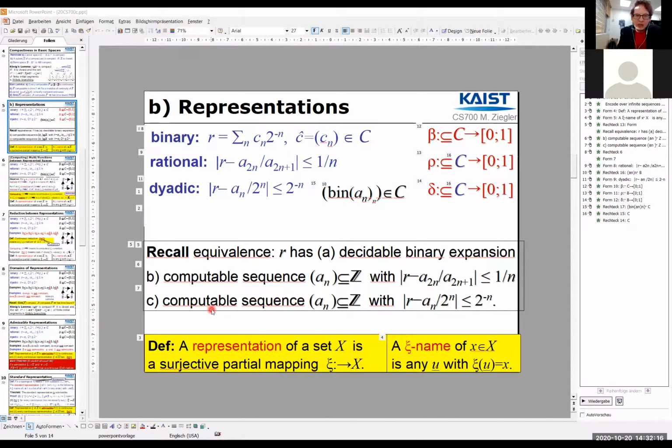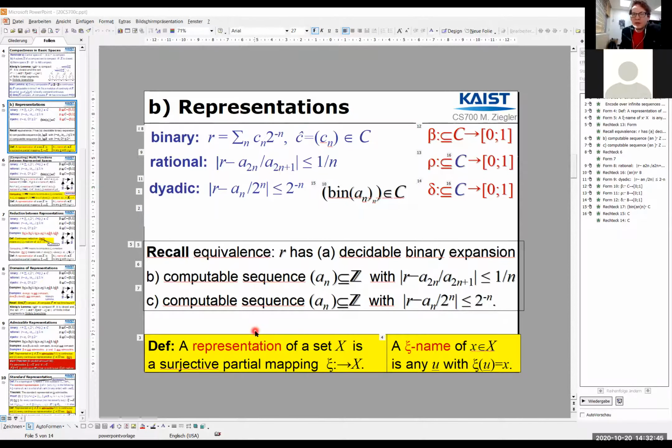A representation is a surjective partial mapping from one of the base spaces onto the set X, which we're interested in studying computability here. So a name of an element in this set is an infinite binary sequence or infinite integer sequence, which is assigned to that element by the representation.